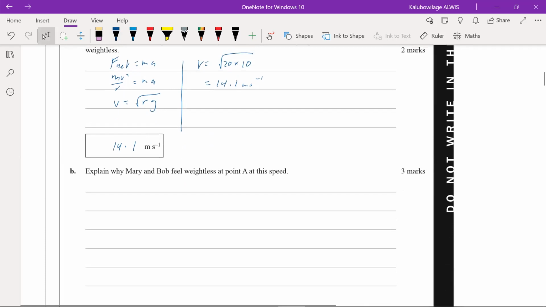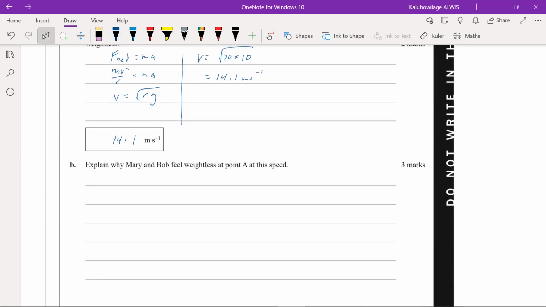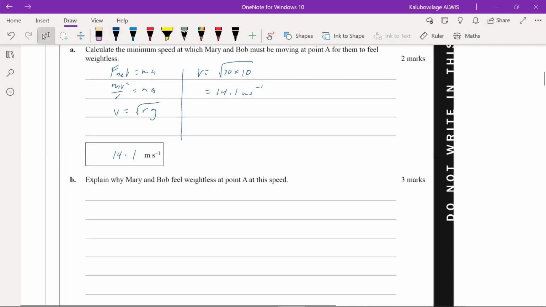Explain why Mary and Bob feel weightless at point A. To feel weightless, they must experience no normal force. We always have to talk about normal force in weightless questions.